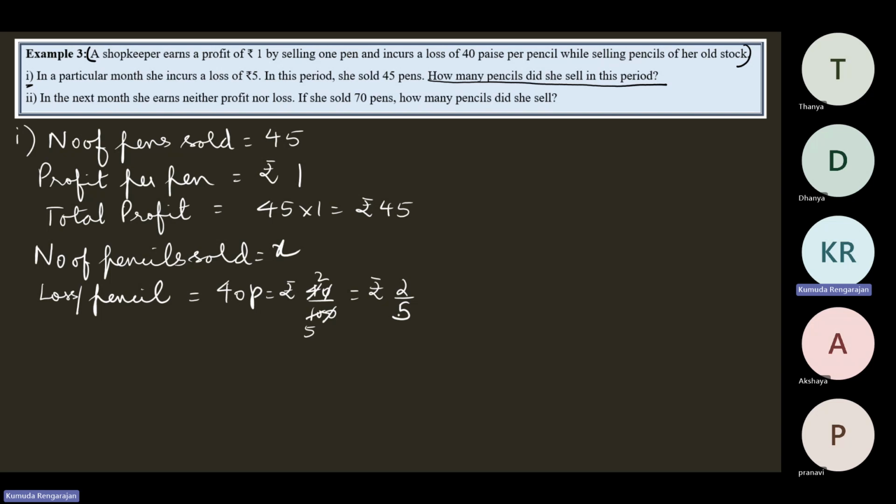Loss per pencil is 2 by 5. So the total loss is equal to... Now in integers we represent loss using a minus sign. So you can write minus here. So what's the total loss?